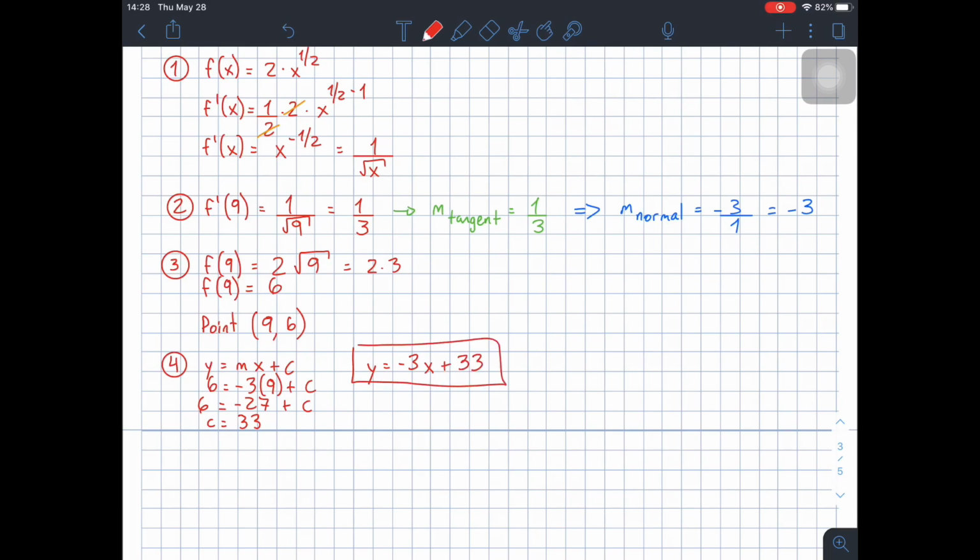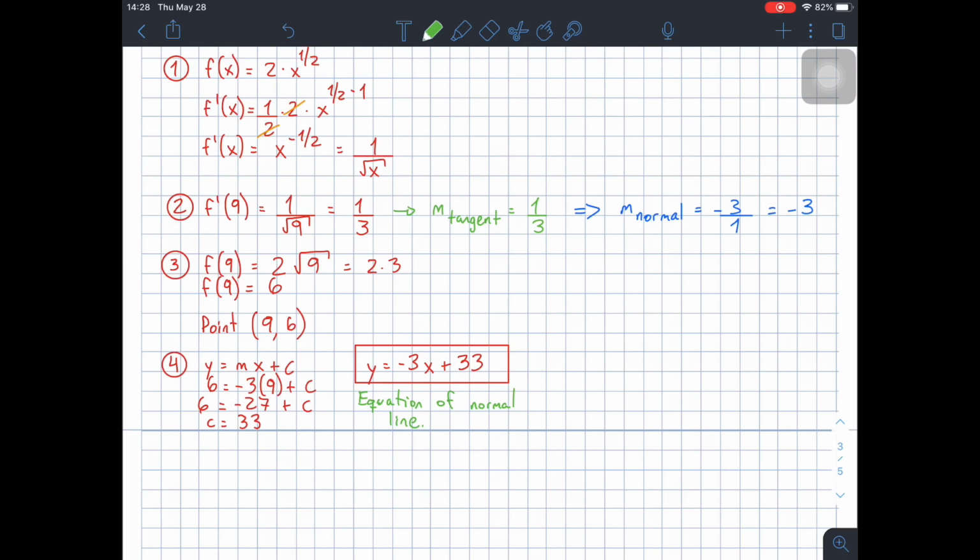This is the equation of the normal line. I'm going to write it here. Equation of normal line.